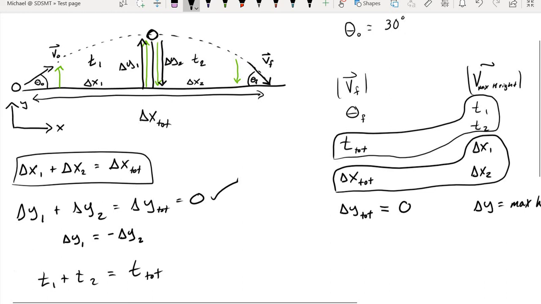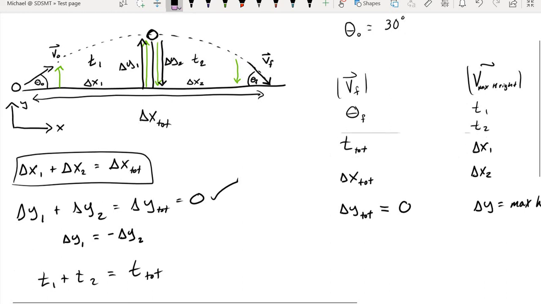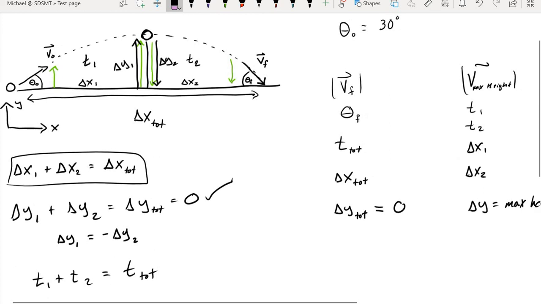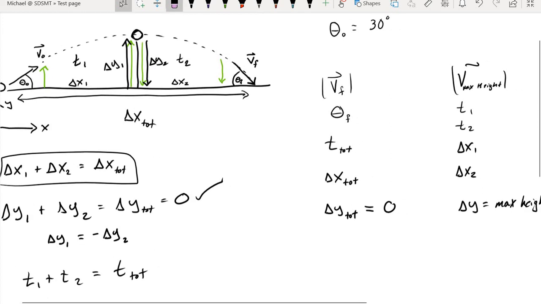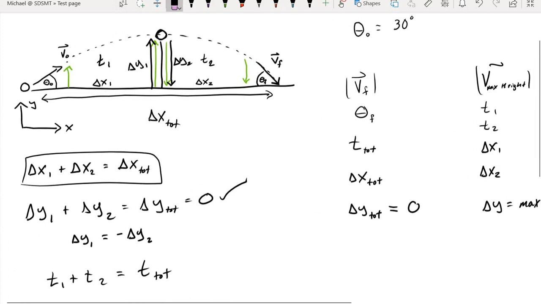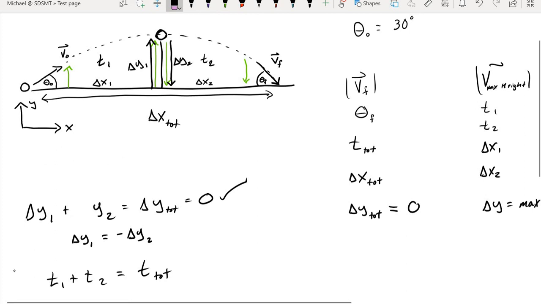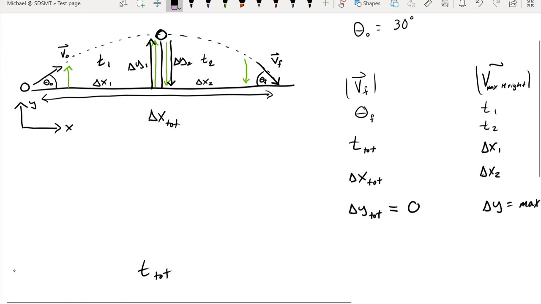All right, so what we need to do now is go through this list that we've made of things that we want to find, and ask ourselves, where do these values occur? Because some of these values are going to depend on information from the initial starting point of the problem.